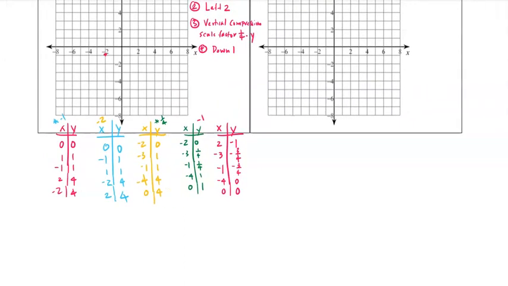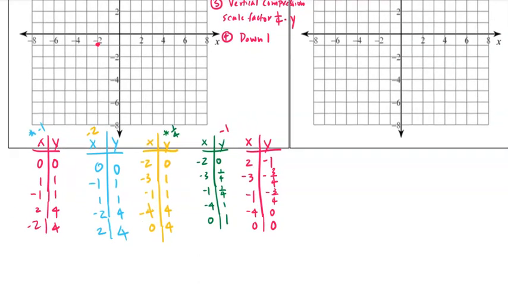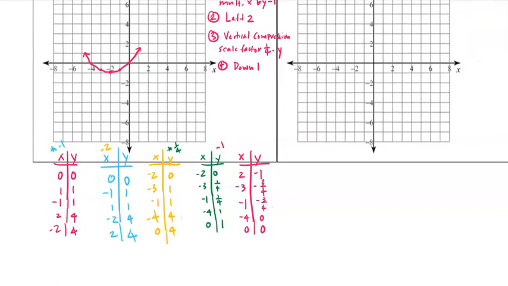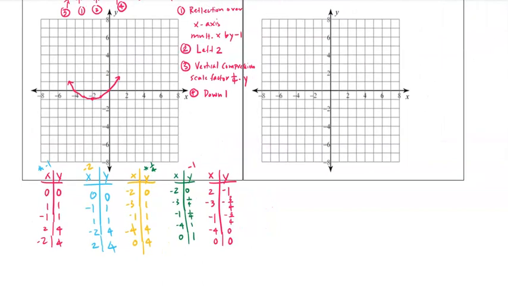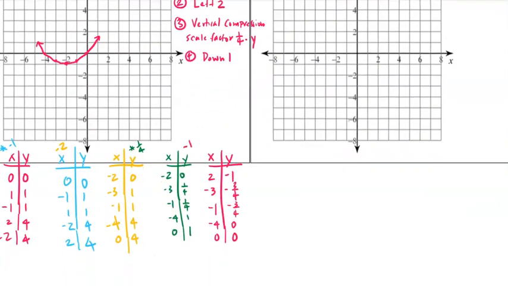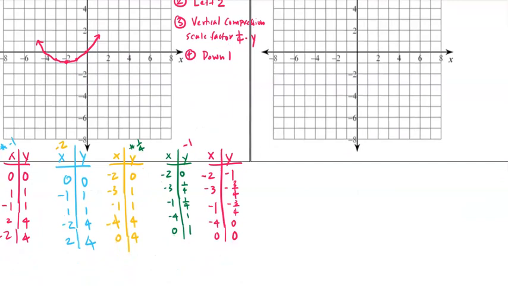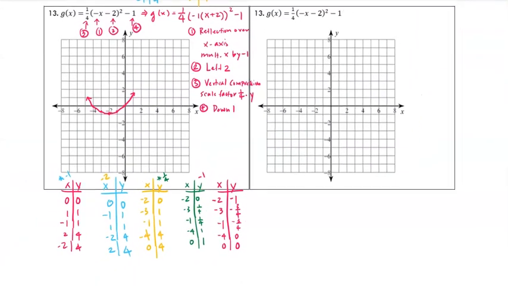Negative 1, negative 3/4, negative 3, negative 3/4 right there, negative 4, 0, and 0, 0. Ba-bam. Just so that Shriram doesn't... There you go, Shriram.